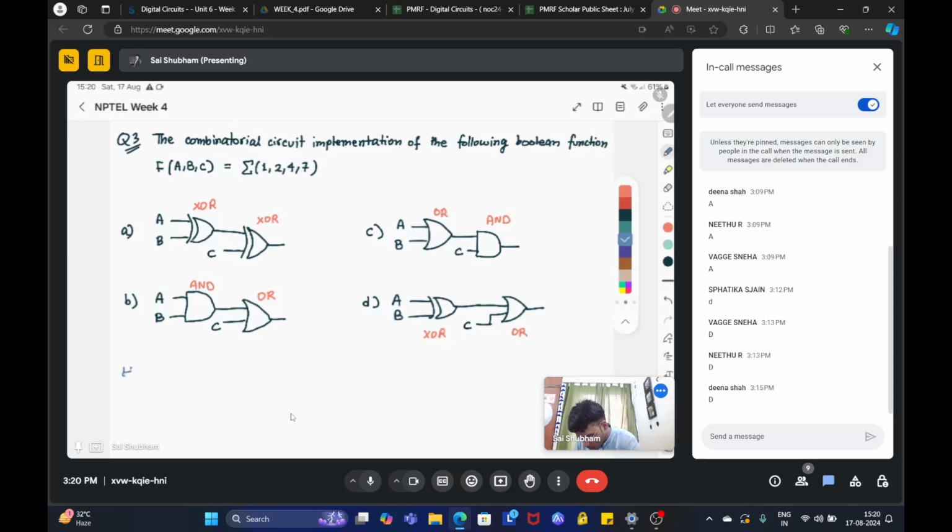So the hint will be first make K-map, then obtain simplified logic, and then compare. So I will discuss the solution in 2 minutes.